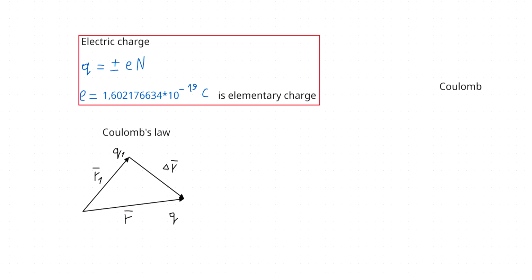According to Coulomb's law of electrostatic interaction, we can write that the force of electrostatic interaction is equal to 1 divided by 4 pi epsilon 0, q and q1, divided by delta r to the power of 3, multiplied by the vector delta r.